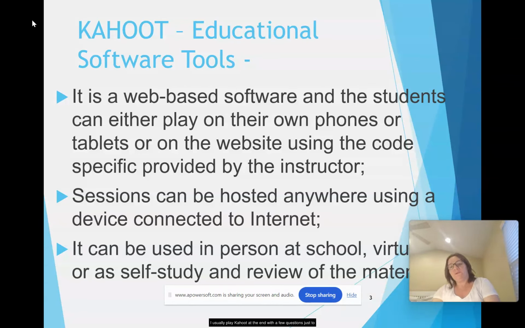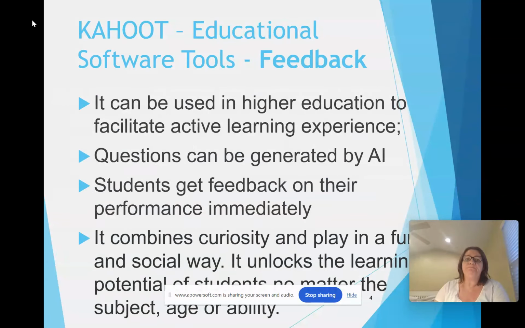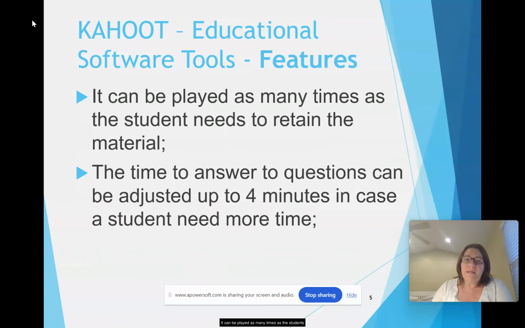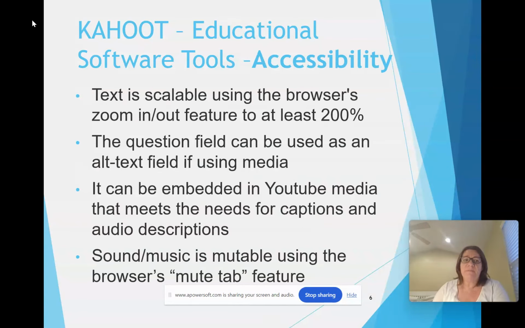I usually play Kahoot at the end with a few questions just to review the material of the lecture. It can be used in higher education to facilitate an active learning experience, and it's good because the students can get feedback immediately. It can be played as many times as the students need to retain the material, and the time to answer the question can be adjusted up to 4 minutes in case the students need more time.